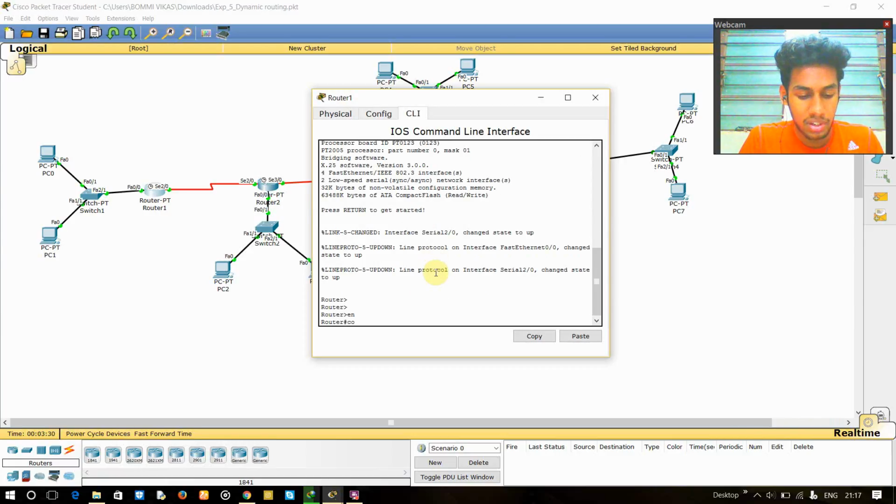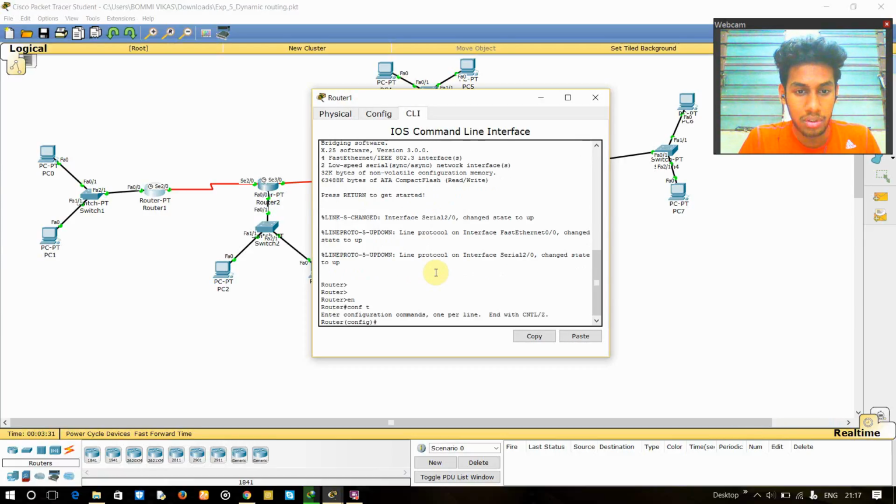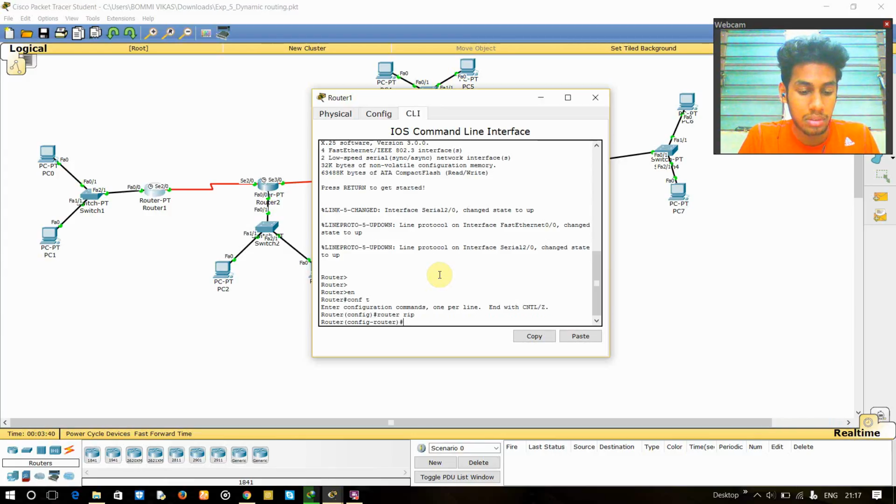After doing that, we configure the router with config t, and now we give the command router RIP, which stands for Routing Information Protocol. Once that's done, we tell this router what networks are connected to it.